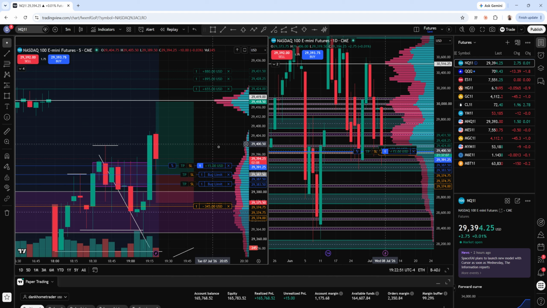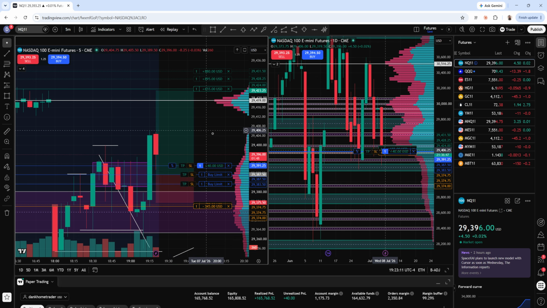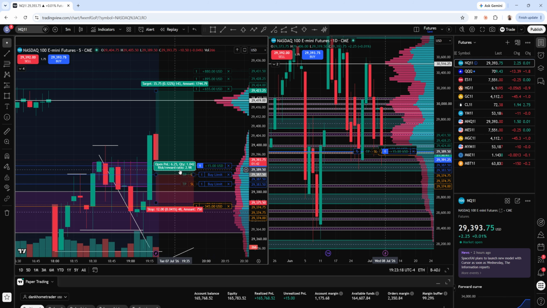So I got into one of those positions, and this would be invalid down here. I don't exactly know, 1 to 2, 1 to 3. I'm trying to average into this long position, but I can play it out now with a couple of these positions to give me an average somewhere in between here.